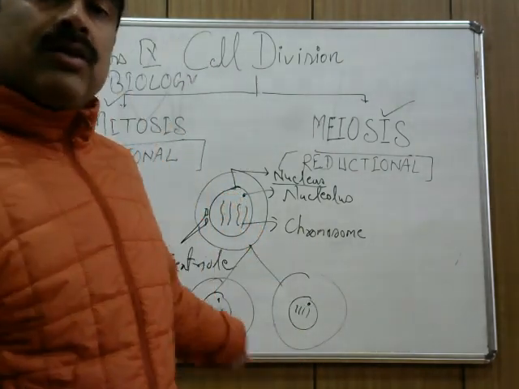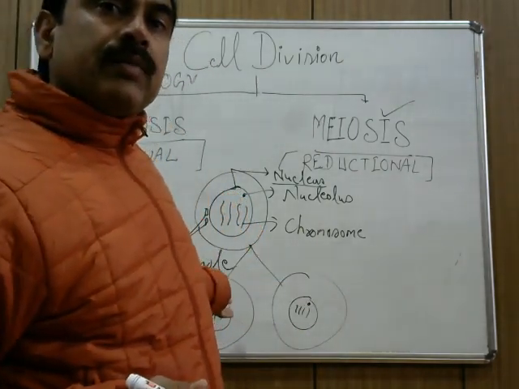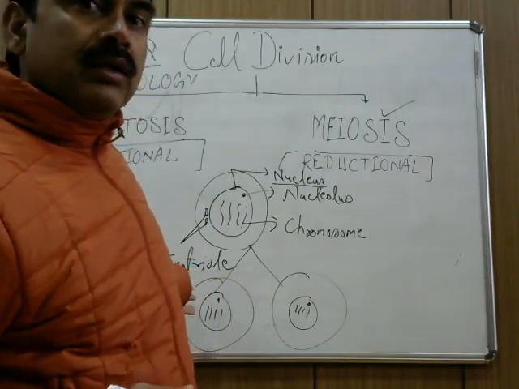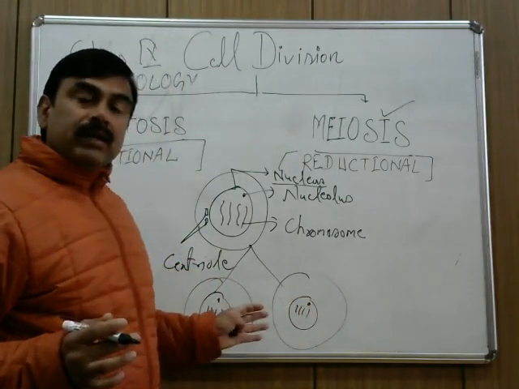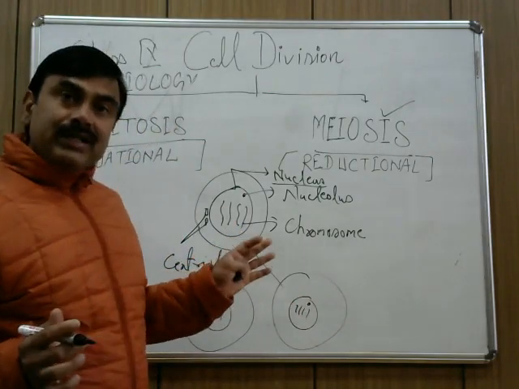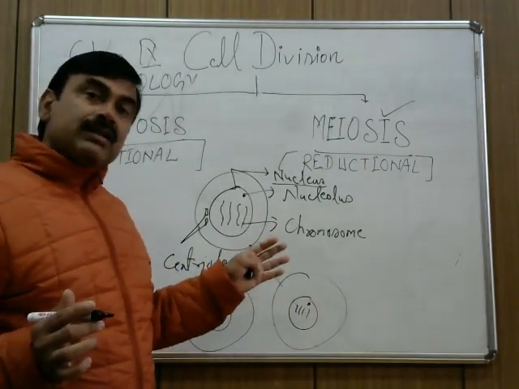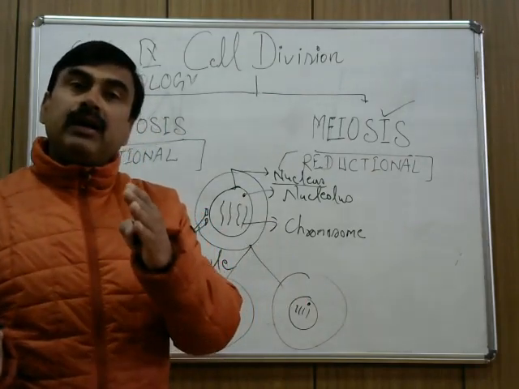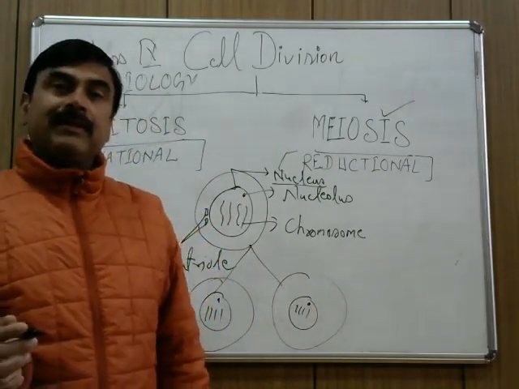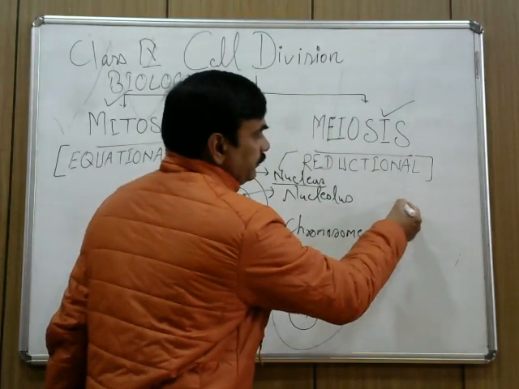The daughter cell also has 4 chromosomes. The number of chromosomes remains the same. But when the division is concerned, the first thing that happens is the division of the nucleus. Like this.